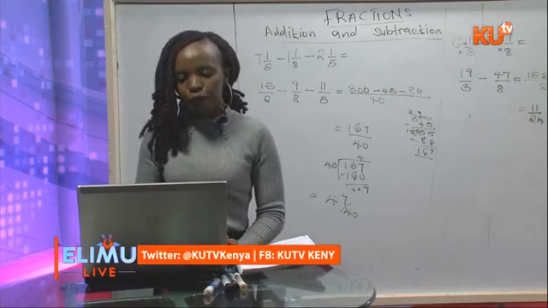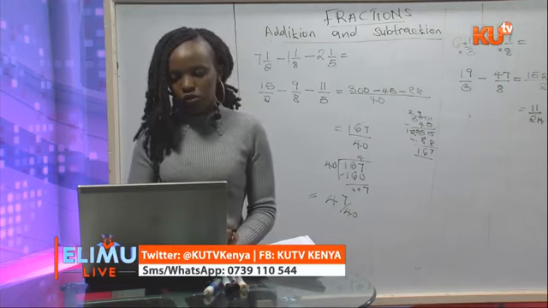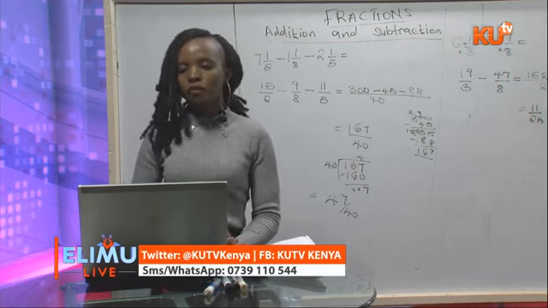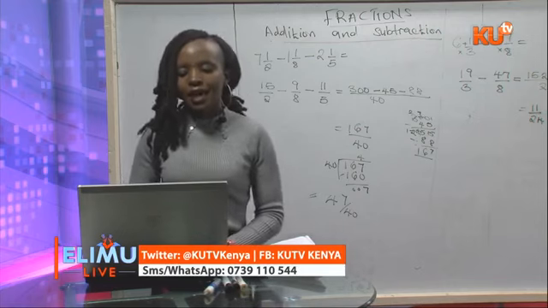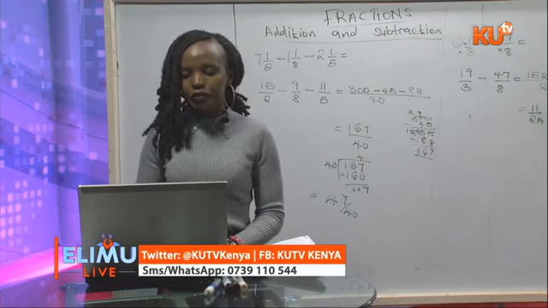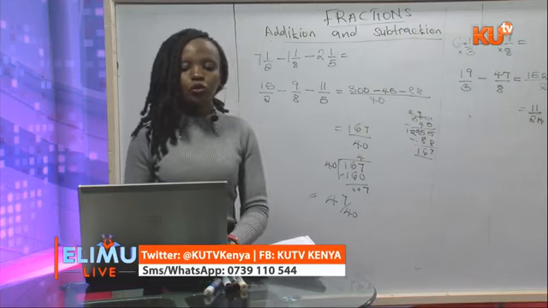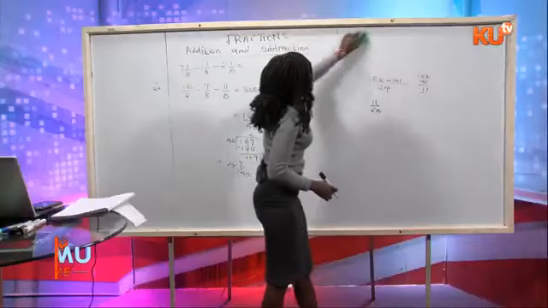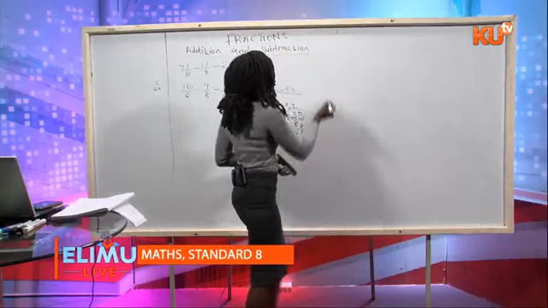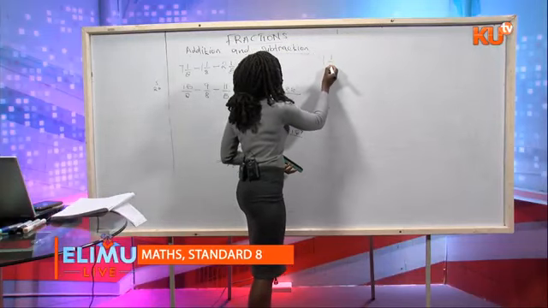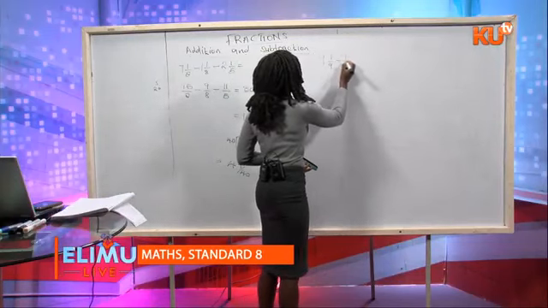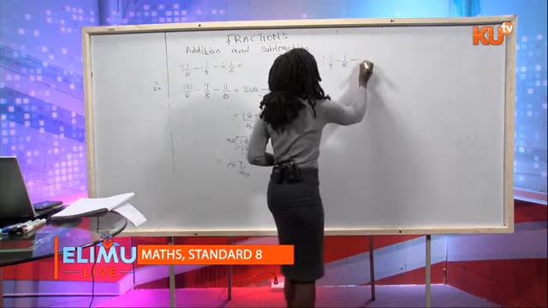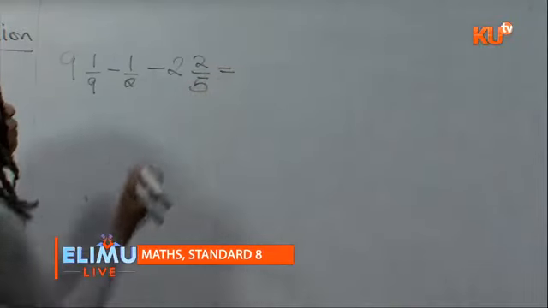We are winding up. Let's look at another example, actually the last example. 9 1/9 minus 1/2 minus 2 2/5.